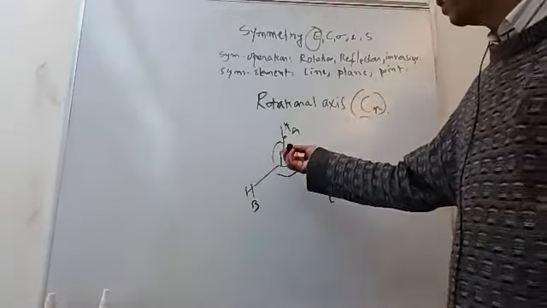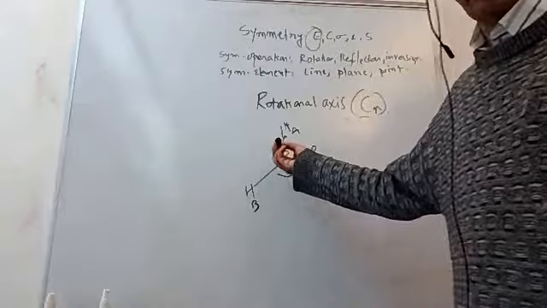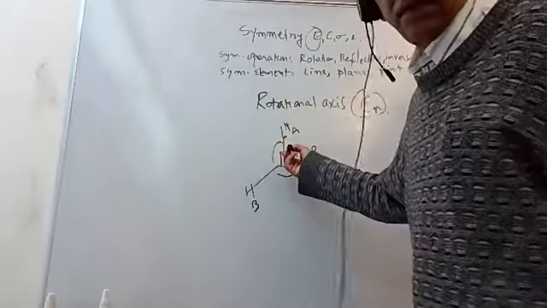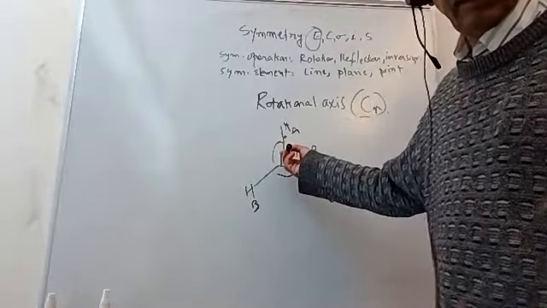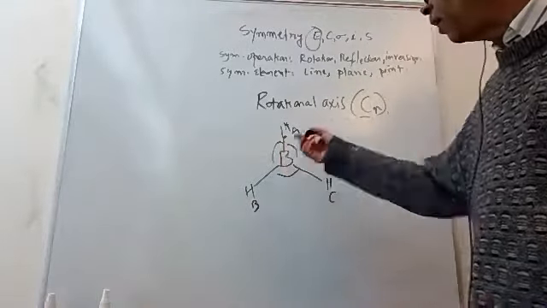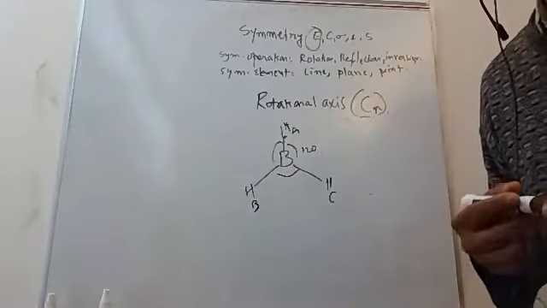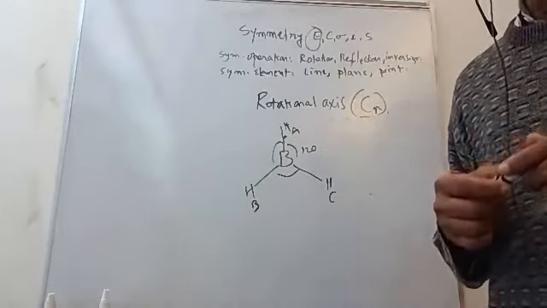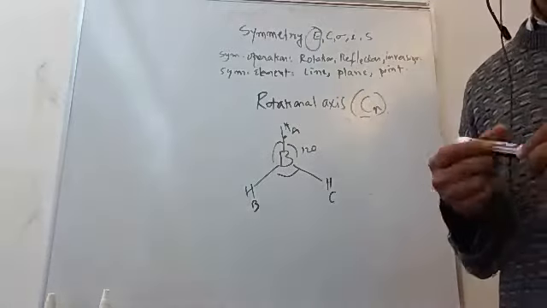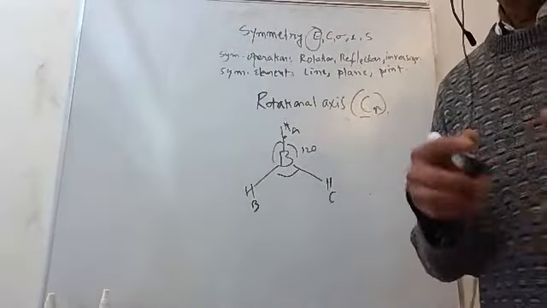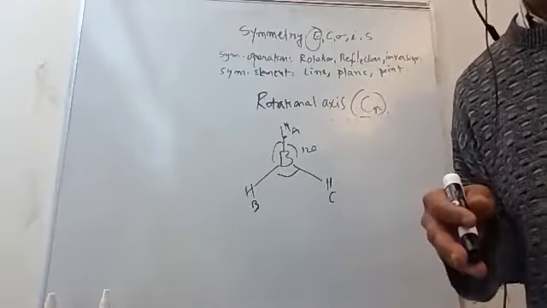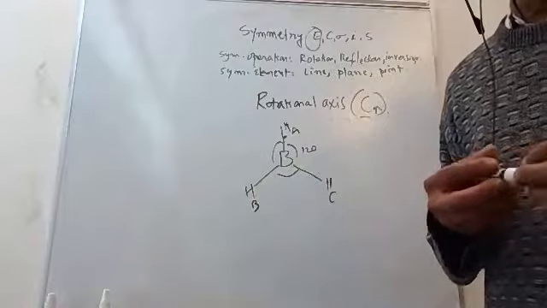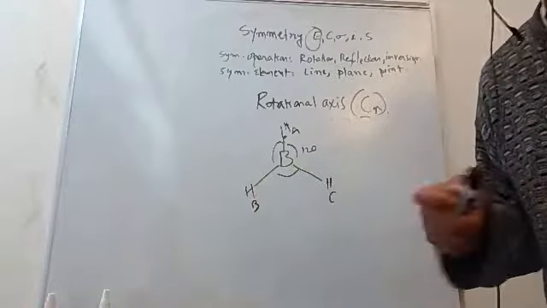Suppose I were to draw a perpendicular from the board, a line passing through boron, nothing else, and rotate that by 120 degrees. Would I get a shape that looks indistinguishable from the previous one? Forget about the labeling of the atoms A, B, and C, because in reality, these atoms don't have any labels. I'm putting the labels only for our convenience.